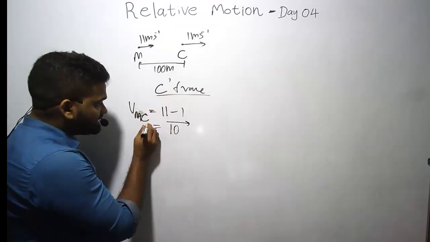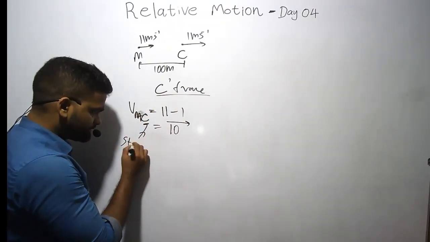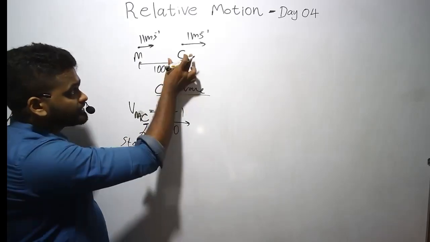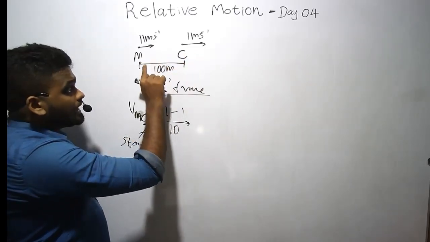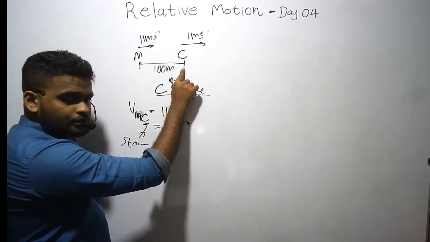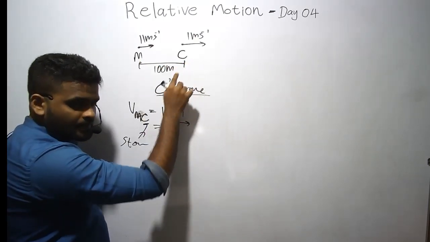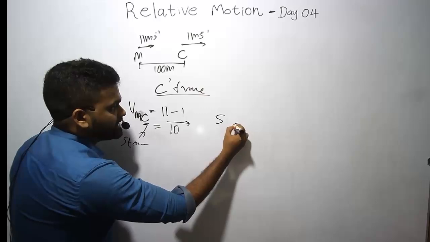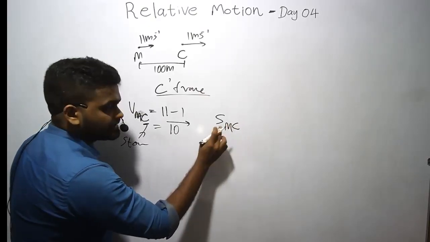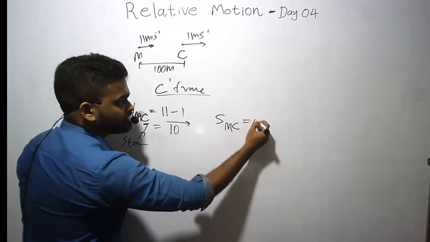Now the cyclist is stopped. This 100-meter gap should be covered by the motorcyclist only. So relative to the cyclist, the motorcyclist's displacement should be 100 meters.